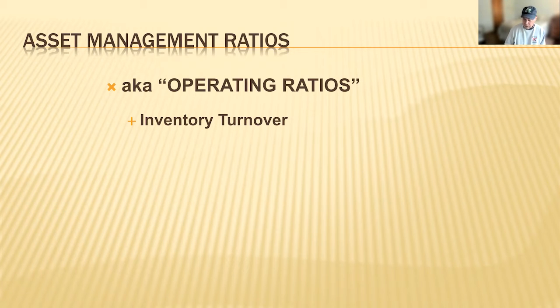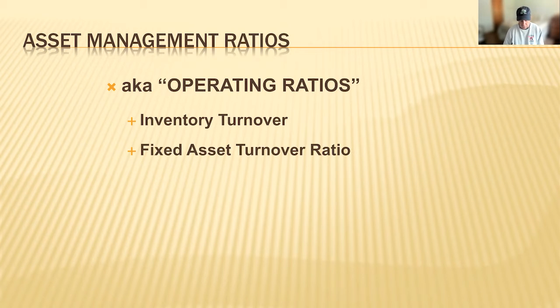So how many times in a year does our inventory get sold? And that'll give us, again, if we're matching that up against other competitors and our peers, how we're doing against that. Our fixed asset turnover ratio, and again, it's how much sales are. We're going to go over each one of them in some detail, but we'll just lay them out here.